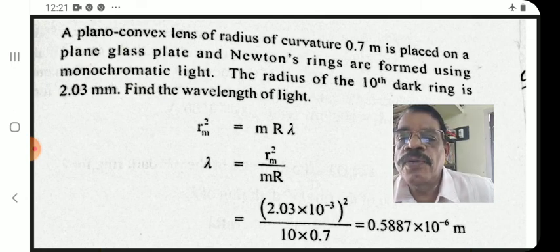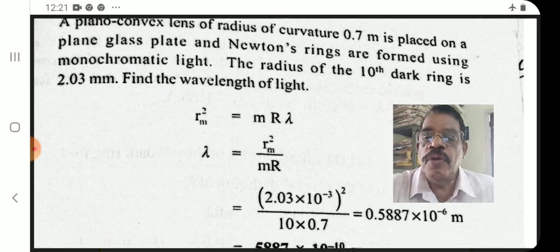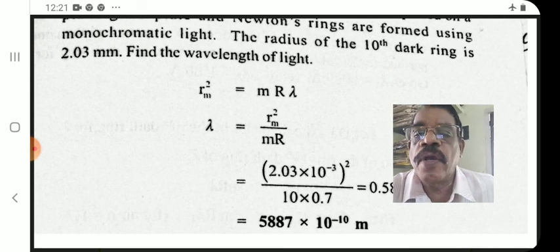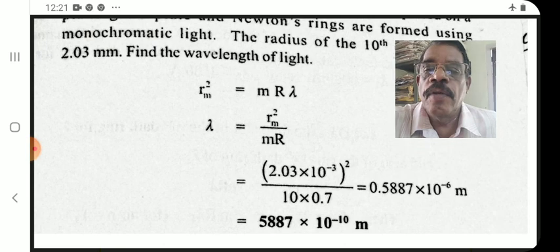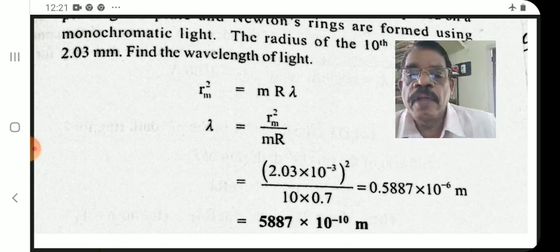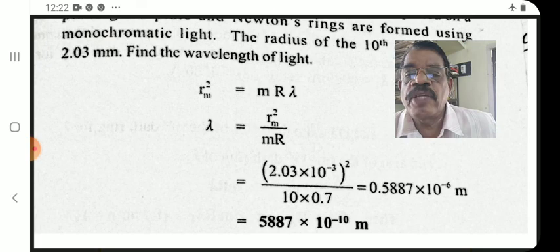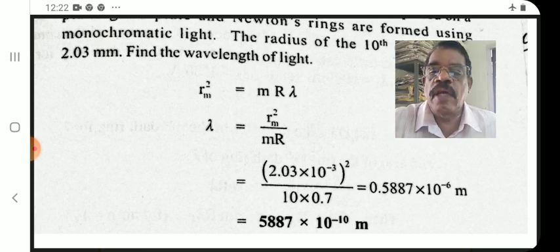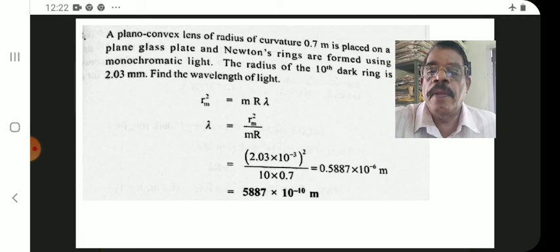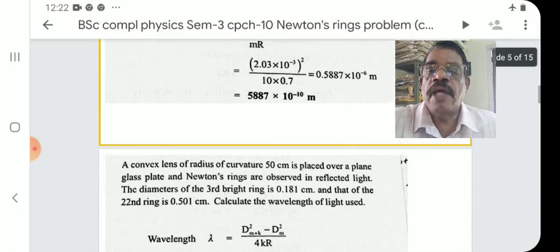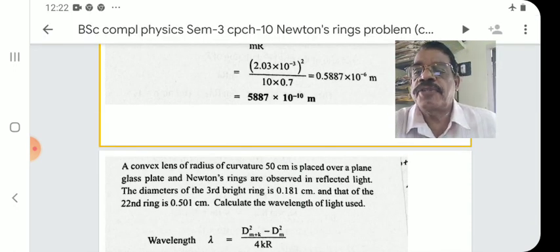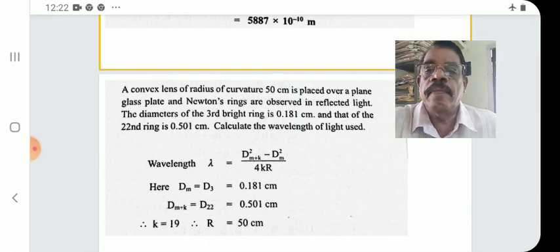Lambda is equal to r n square by n R. You put the value 2.03 into 10 raised to minus 3 square by 10 into the 10th dark ring, 0.7, that is capital R, equal to 5887 into 10 raised to minus 10 meter, so much angstrom. That you can write in angstrom also, 5887 angstrom. Next problem.